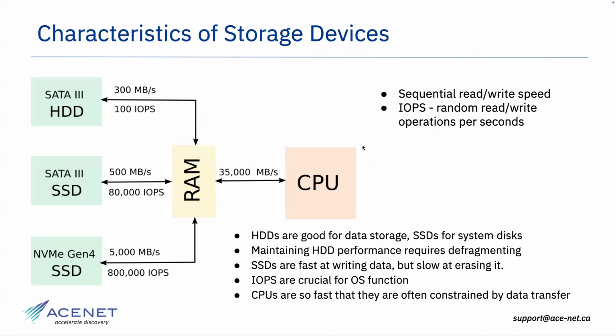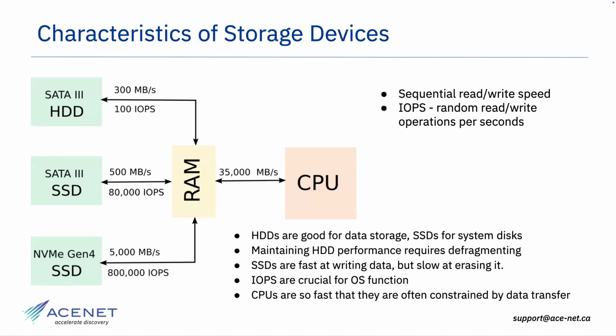So what to consider when buying a data storage device? The performance of storage devices is very important for many reasons, not only for the safe and convenient storage of data, but also for the efficient operation of the computer system as a whole. A computer storage device is characterized by two basic performance measures: sequential read-write speed and random input-output operations per second, or IOPS.